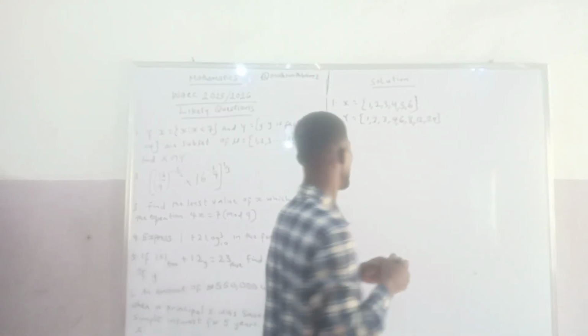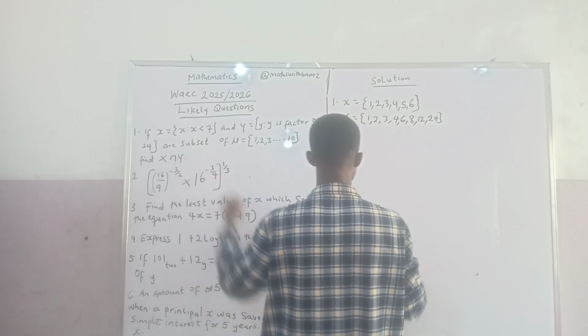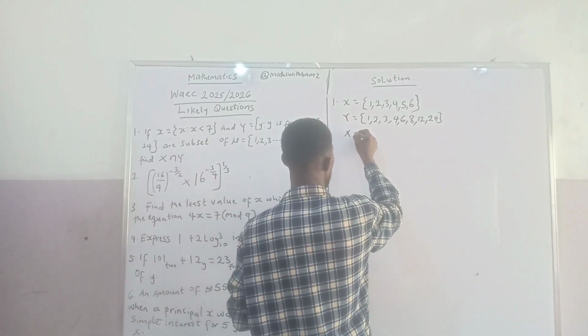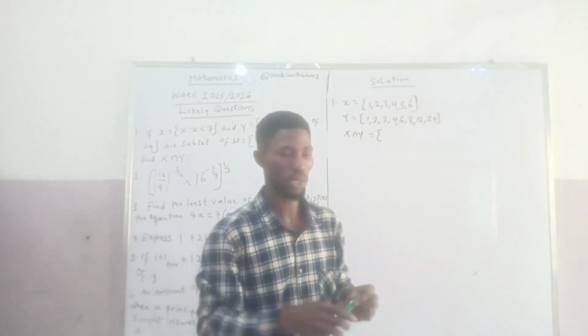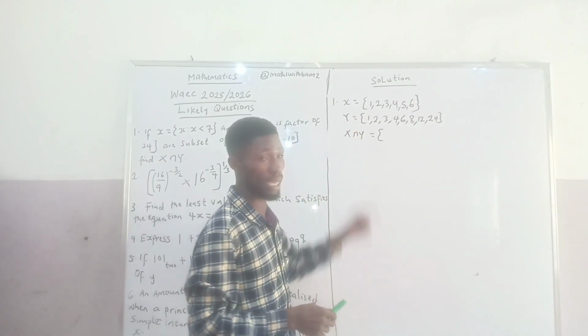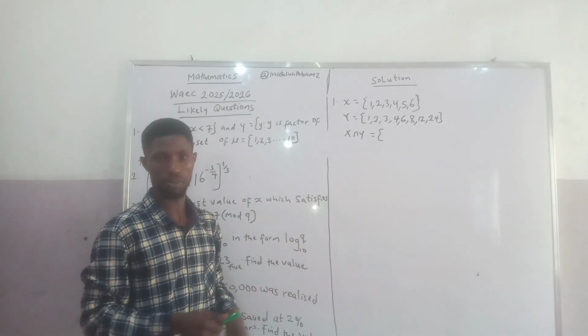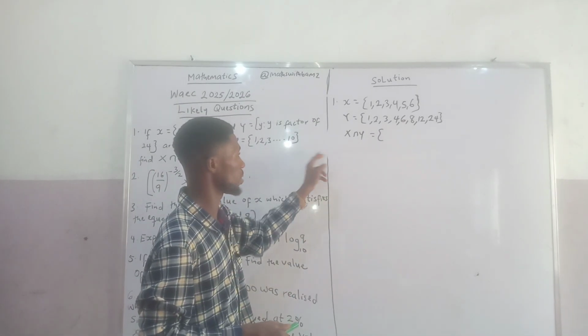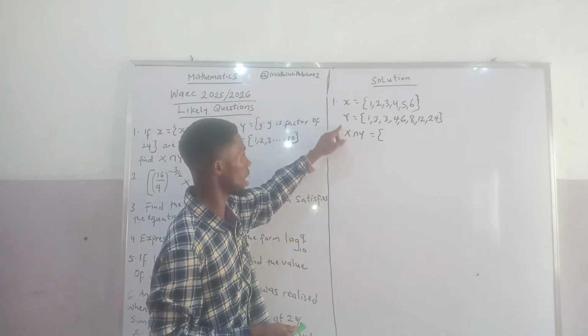Okay, now let's do the equation. They say find x intercept y. What do you mean by intercept? Intercept means what is common between set x and set y. This is our universal set, we don't need it, because we are to find the intersection between x and y.